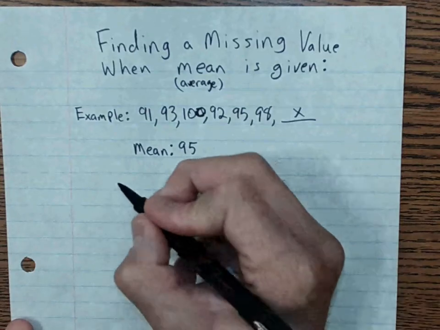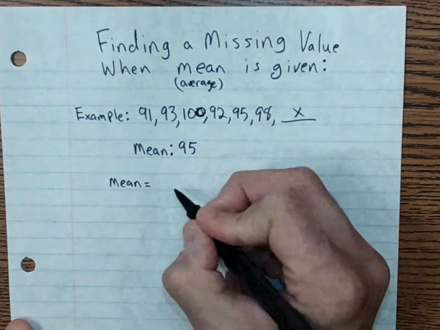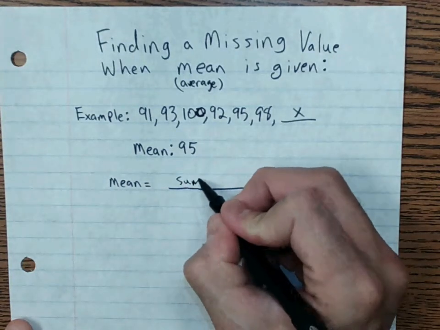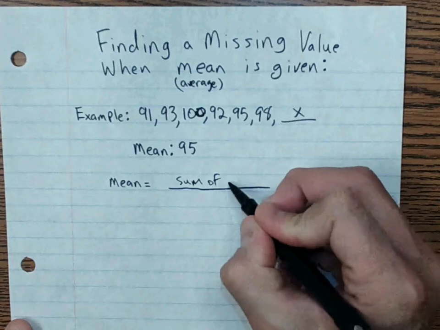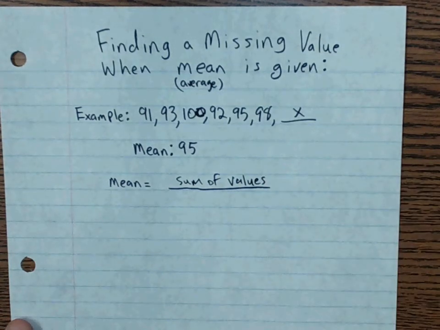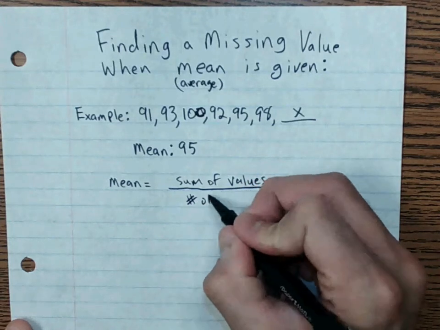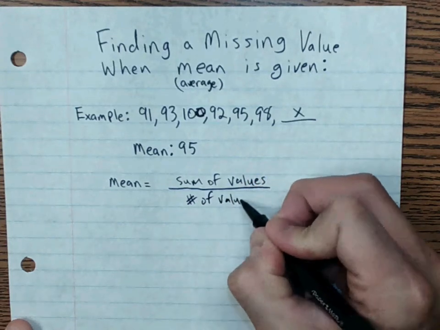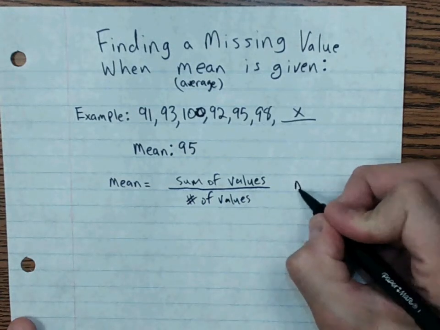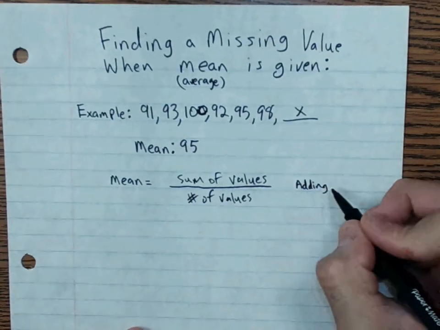So just remember, the formula for mean, or the way we calculate it, is we're going to take the sum of our values, adding them, and then we're going to divide by the number of values added. So in essence, we're adding and then dividing.